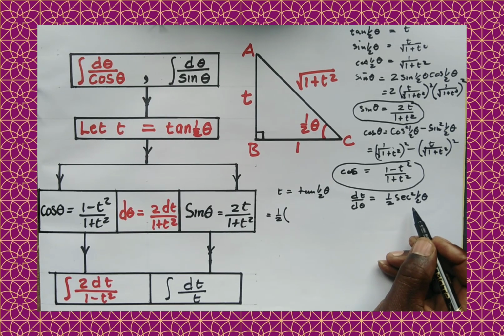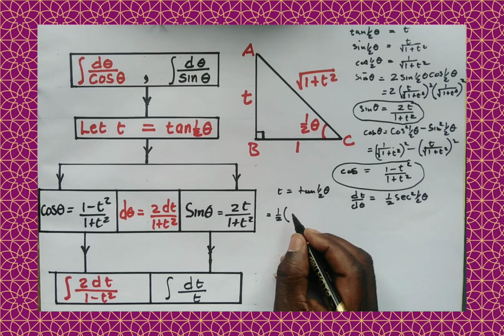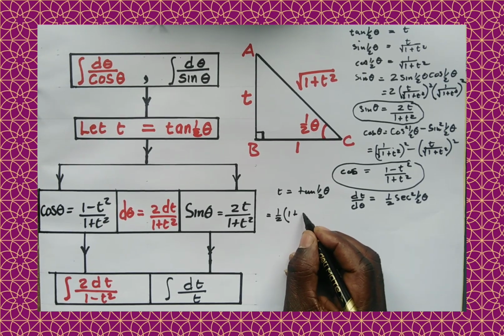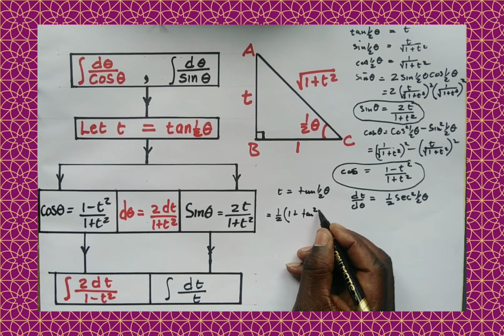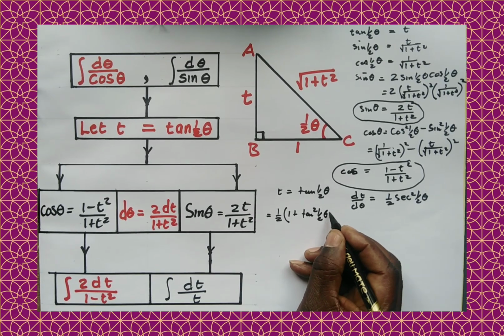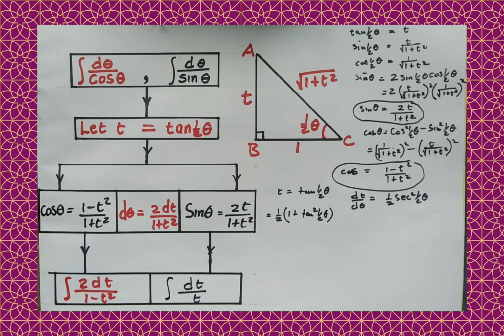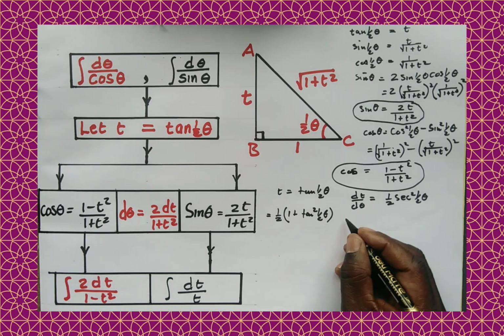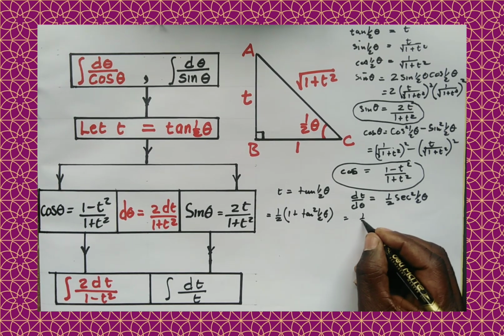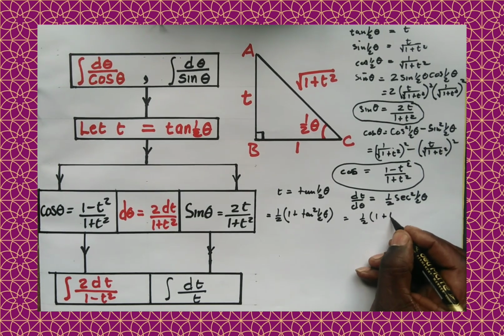Remember, sec squared theta is equal to 1 plus tan squared theta. So this becomes 1 plus tan squared half of theta. But what is tan of half of theta? It's equal to t. So we can write this as half of 1 plus t squared.